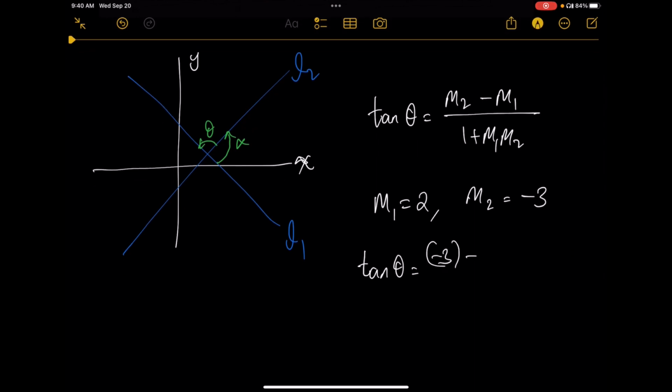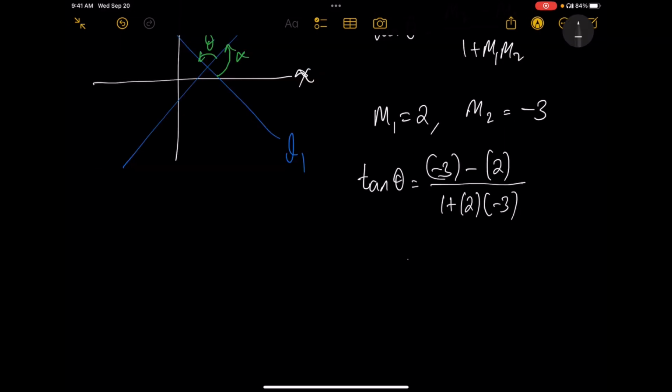It's negative 3 minus m1, it is 2 over 1 plus m1 times m2, which is 2 times negative 3, which is equals to minus 3 minus 2, that is negative 5 over 1 plus 2 times negative 3, that is negative 6, which will be negative 5 over 1 minus 6, that will be negative 5.